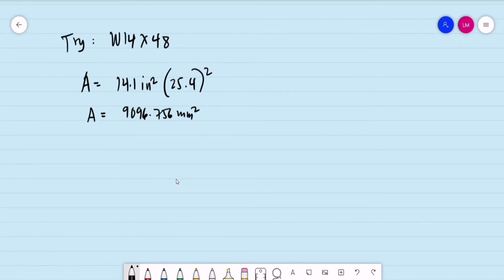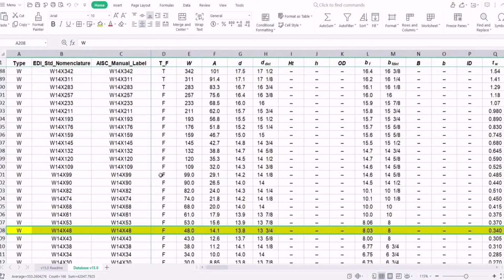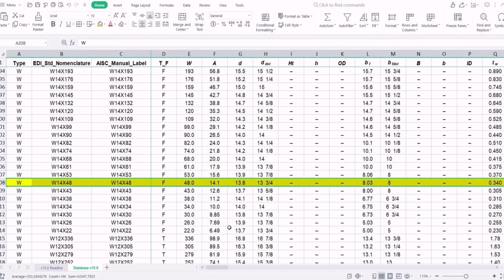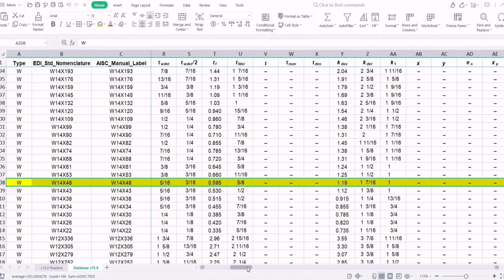And then one thing more, when it comes to wide flange, the moment of inertia with respect to the y-axis is always less than the moment of inertia with respect to the x-axis. So our critical radius of gyration is always the ry, or with respect to y. So let's have the radius of gyration with respect to y for this section.